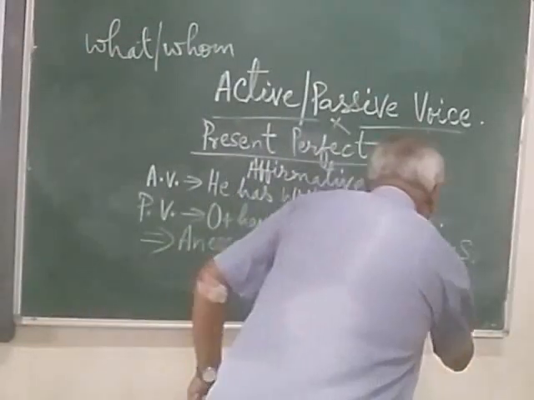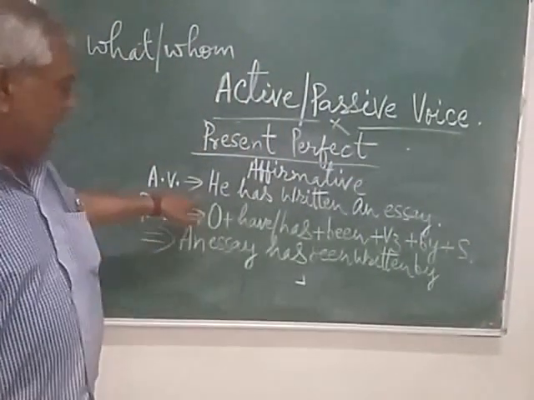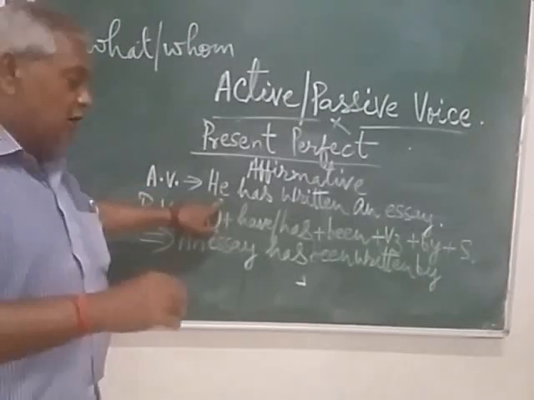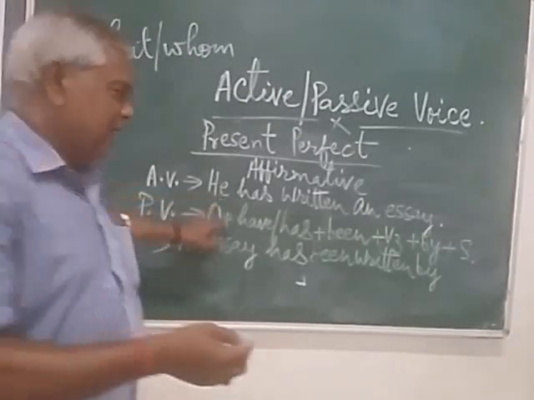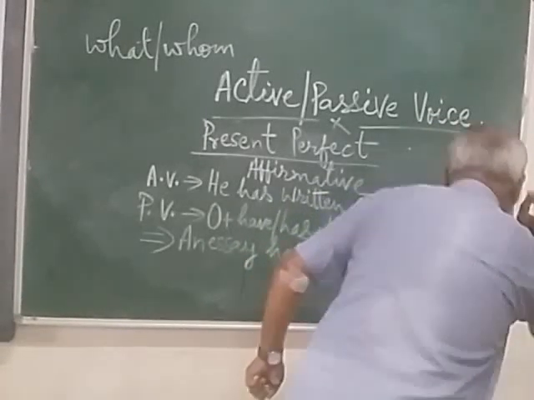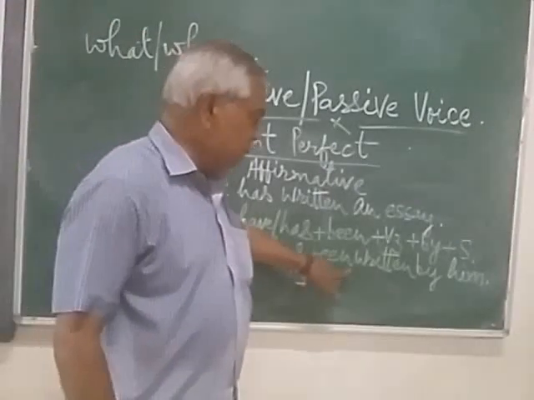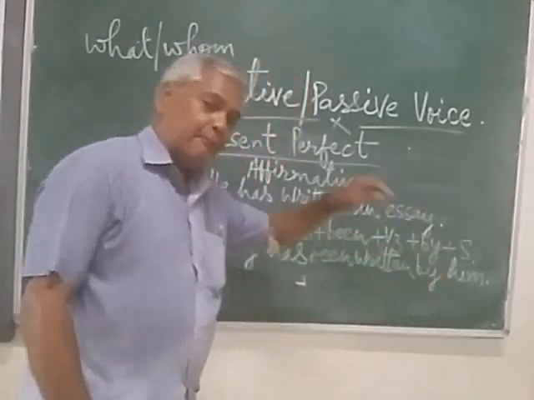Then the word by, and then the active voice subject he will change into passive voice, him. So: an essay has been written by him.